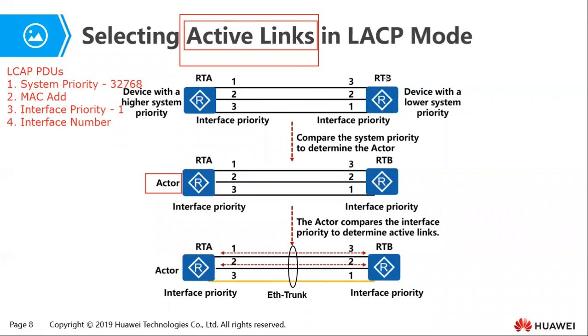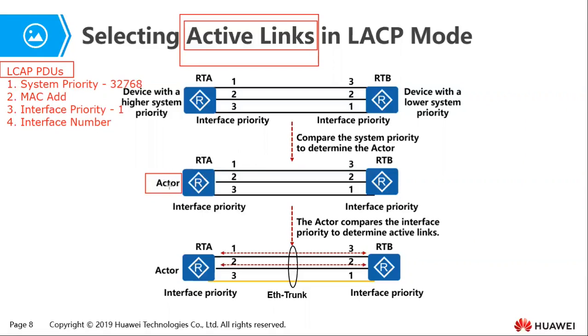RTA and RTB have been interconnected using the interfaces 1, 2, 3 to 1, 2, 3 on the other side, and they have enabled LACP mode to bundle these links together. Now, they're going to exchange LACP PDUs to share this information that I've just listed here.